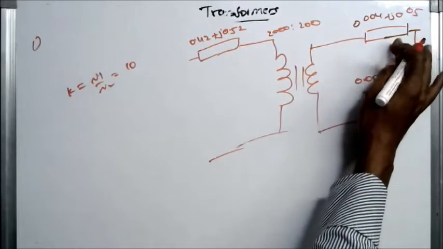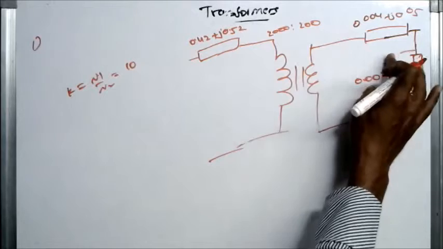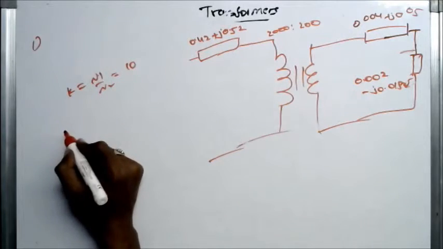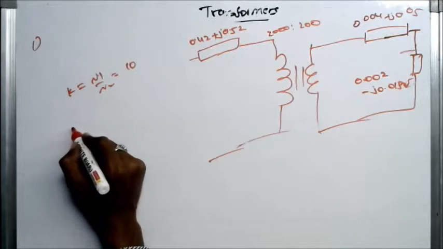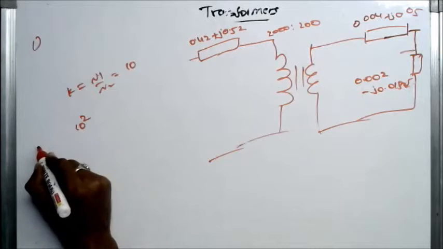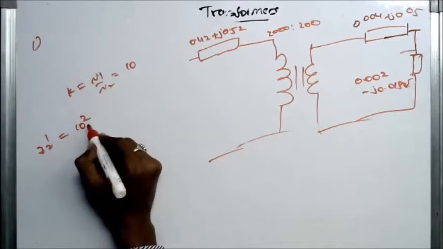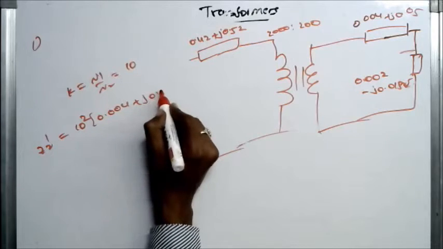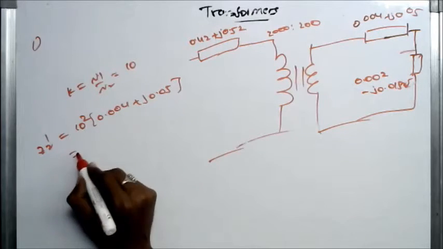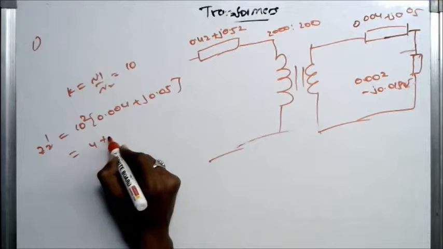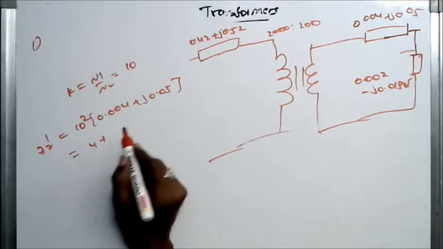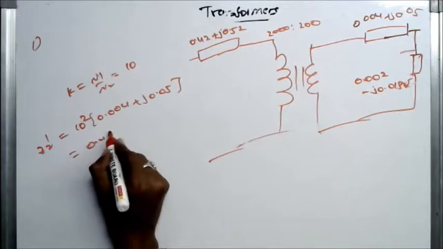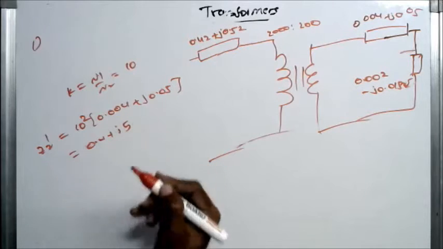If you refer the secondary to primary, we will take the direct ratio, that is 10 squared. Z2 dash is equal to 10 squared into 0.004 plus j into 0.05, that is equal to 0.4 plus j into 5.